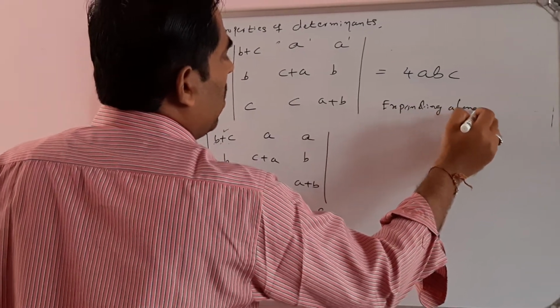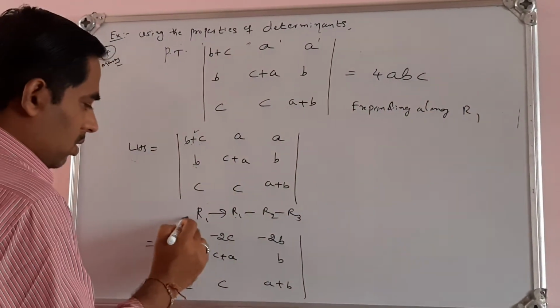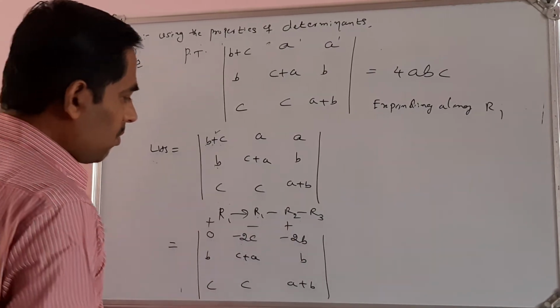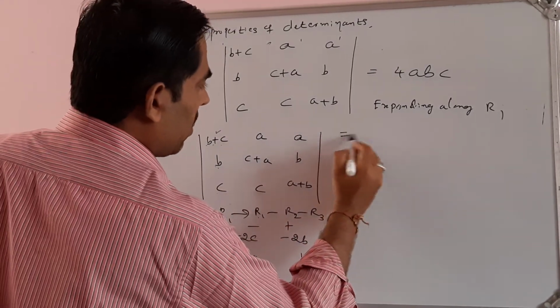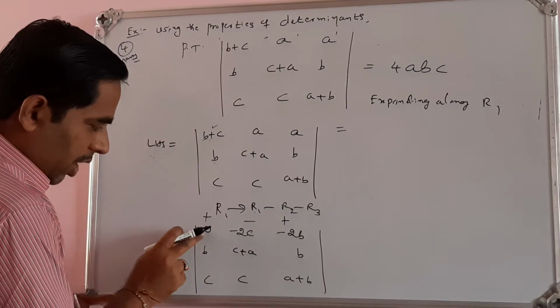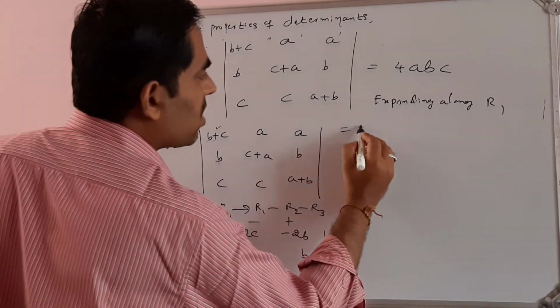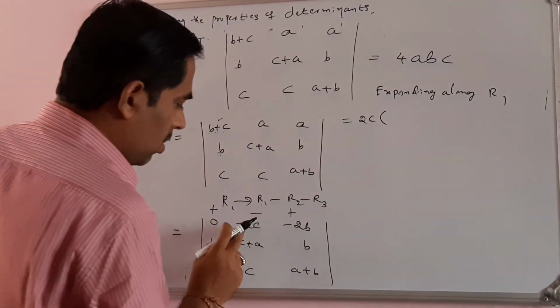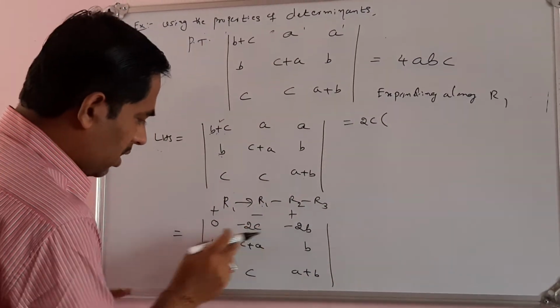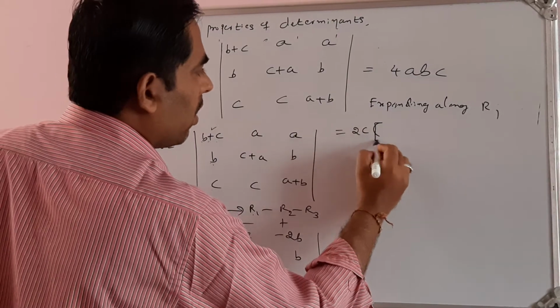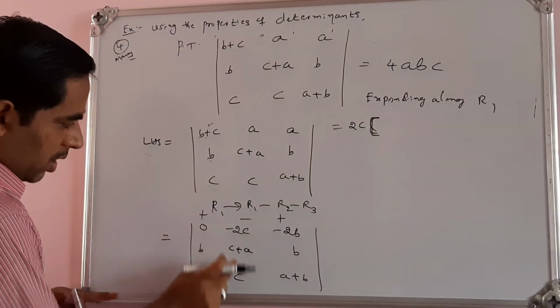Expanding along the first row. This is plus minus plus. So what will I get here? See, this one is 0, 0 into 0. Then you consider the second element. See, minus into minus, that is plus. That is 2C into, see, you leave this column and this row. Okay, I'll write this one. 2C into, see, this column and this row.